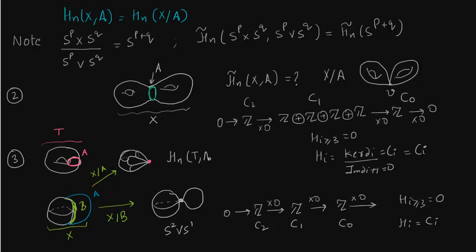So what is the homology group of (T, A)? It is nothing but the homology group of S2 wedge S1. And now you can compute the reduced homology group. The only thing you have to do is: H0 is Z, but reduced H0 will be 0. Everything else will remain the same.